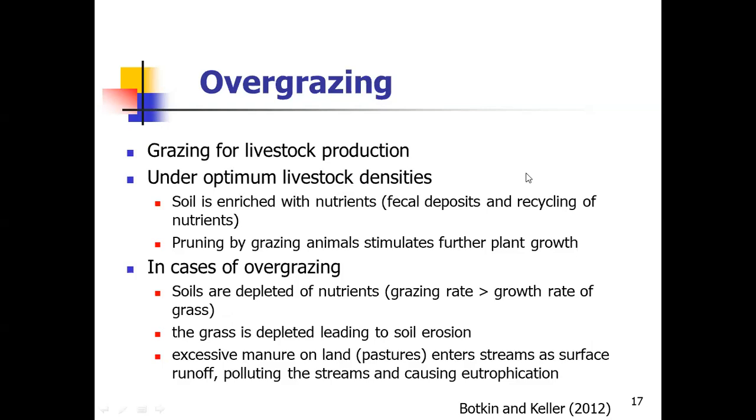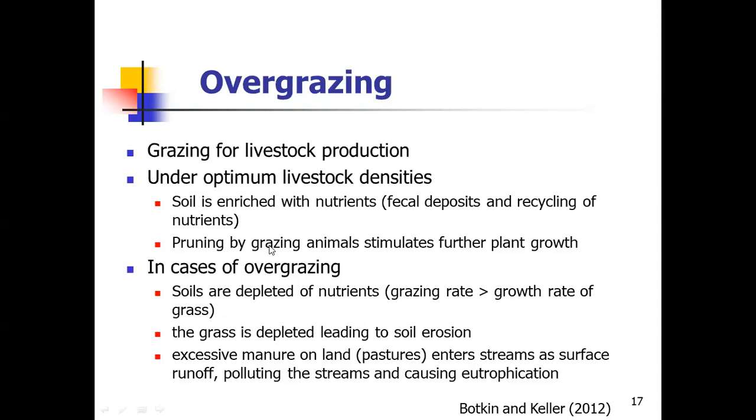At that optimum or below that level, the soil is enriched by nutrients. Where are these nutrients going to come from? They're going to come from fecal deposits by the animals and recycling of nutrients by both natural biogeochemical cycles as well as by these animals and their activities on that land. This is at optimum or suboptimal conditions.